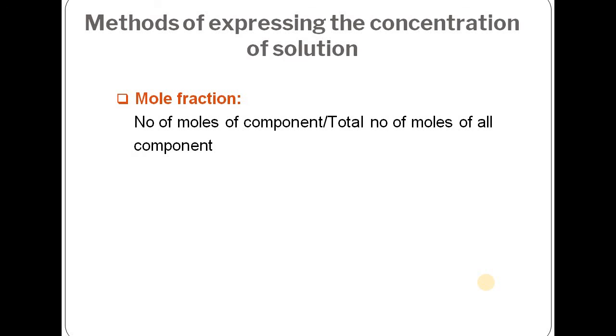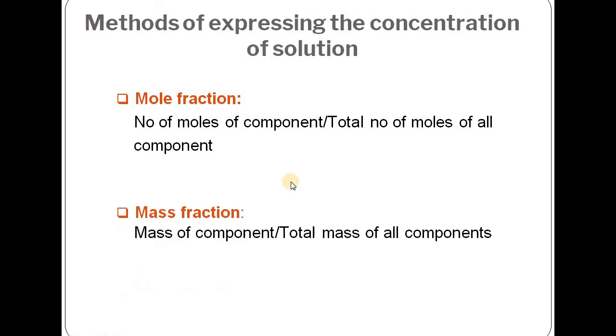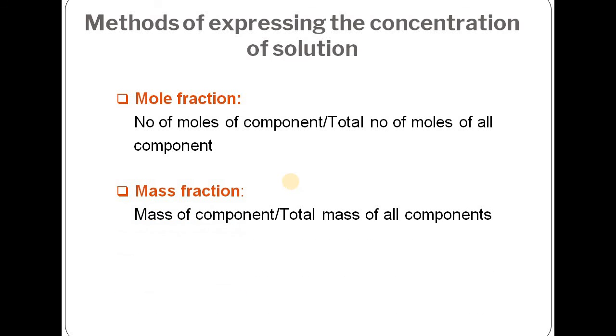Mole fraction is the number of moles of a component divided by the total number of moles of all the components. Mass fraction is the mass of a component divided by the total mass of all the components.